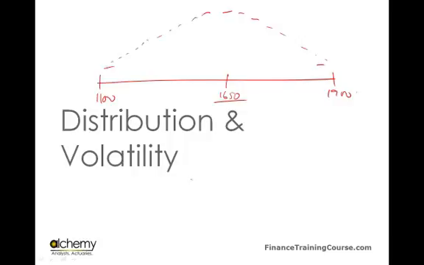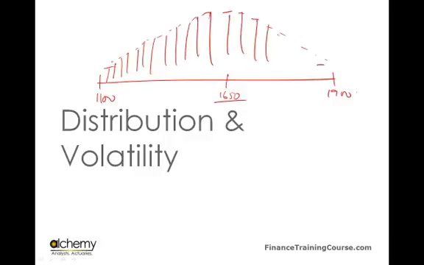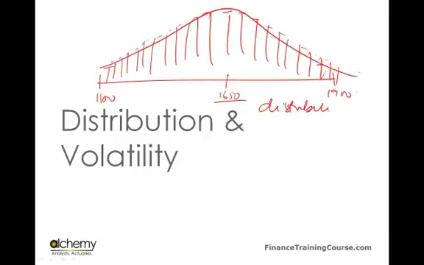If I were to connect all of these points, so each of these steps represents a probability, a likelihood that this price would be realized. If I connect all of these lines, I would end up with a distribution of probabilities, right?